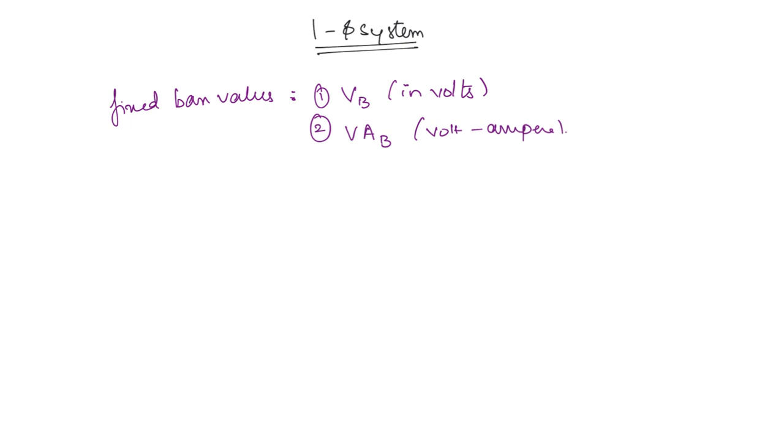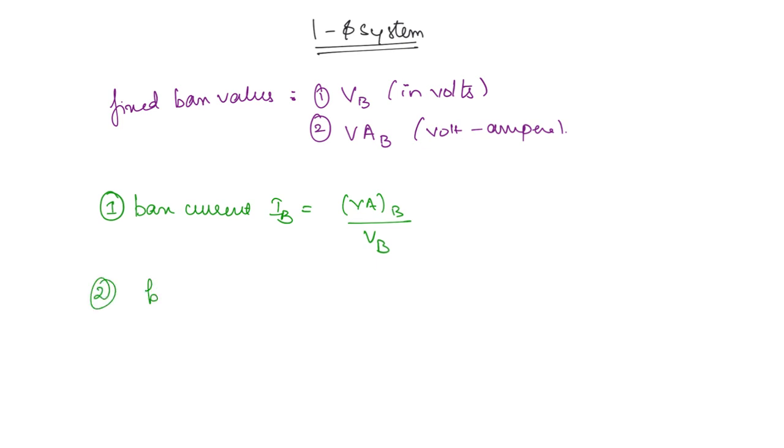Okay, now each of the values which are derived from these fixed base values, you will see the base current IB you can find as the volt ampere base divided by the voltage base. Okay, so this will give you the base value of current.